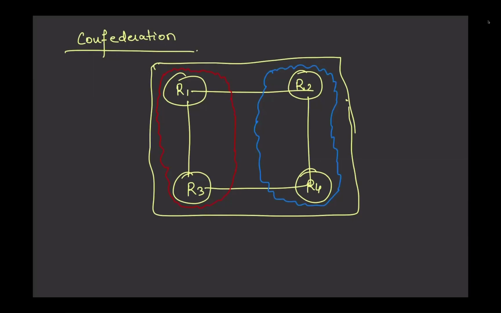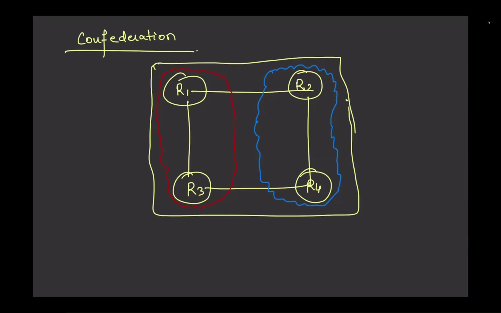Now this sub AS is going to be used as an eBGP neighbor. So your R1 and R2 now become eBGP neighbors in the configuration. Although for the outside world they are part of IBGP, inside they are part of EBGP. This is how you break your main AS into sub ASs in a confederation.